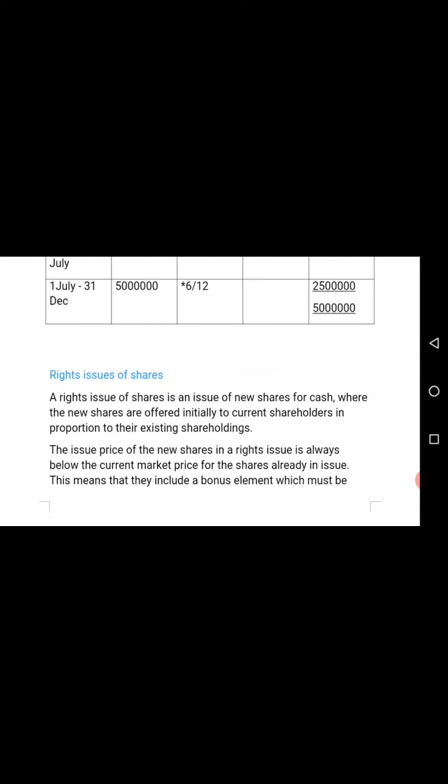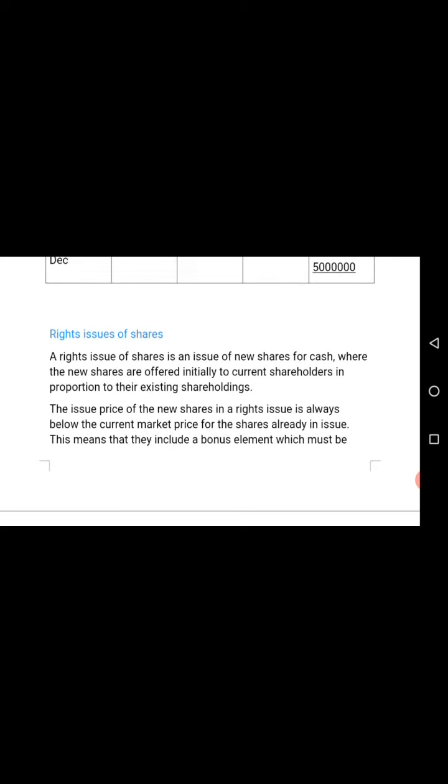So, rights issue of shares. What is a rights issue? A rights issue of shares is an issue of new shares for cash. With a bonus issue, there was no cash. With a rights issue, there is cash, where the new shares are offered initially to current shareholders in proportion to their existing shareholding.